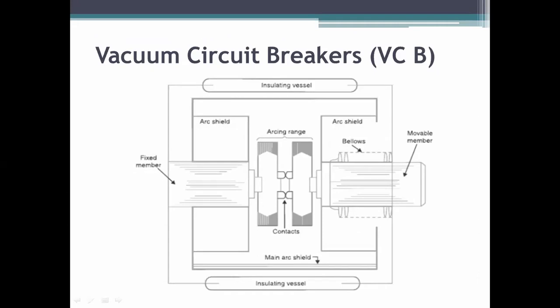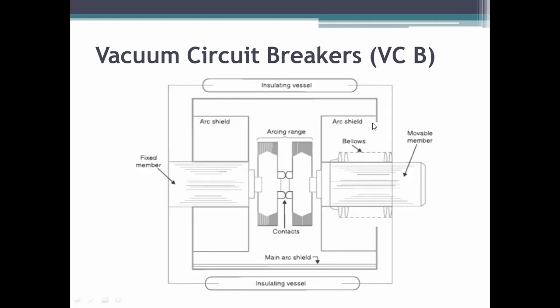In these lines we can use vacuum circuit breakers. Here a closed insulating vessel is used, and the vacuum is sealed in this vessel only.